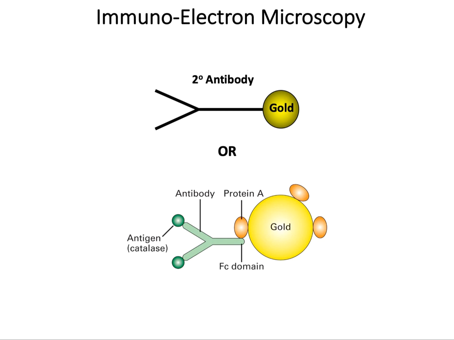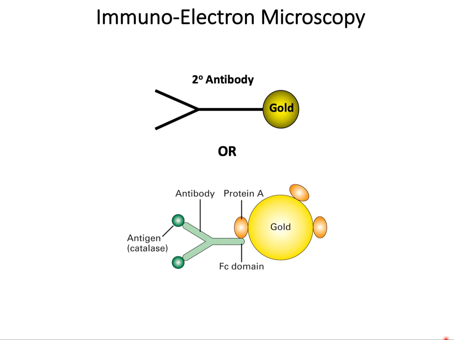It relies on an antibody that binds specifically to your protein of interest, and a secondary antibody that is not connected to a fluorophore but covalently connected to a gold particle. Because gold is very electron dense, it can deflect the electrons and make those regions of the cell very dark, so you can identify specific proteins on the transmission EM.